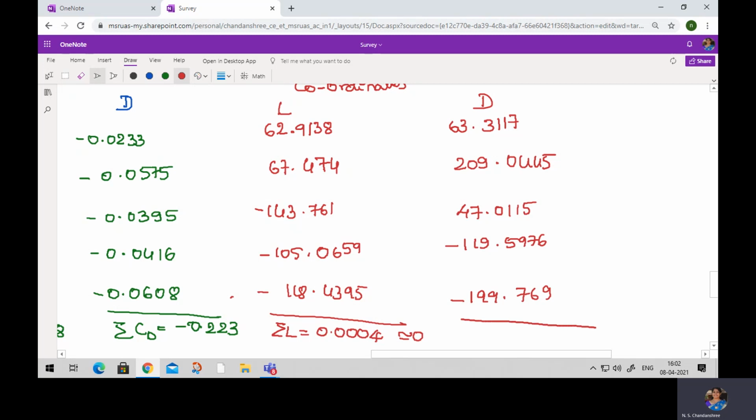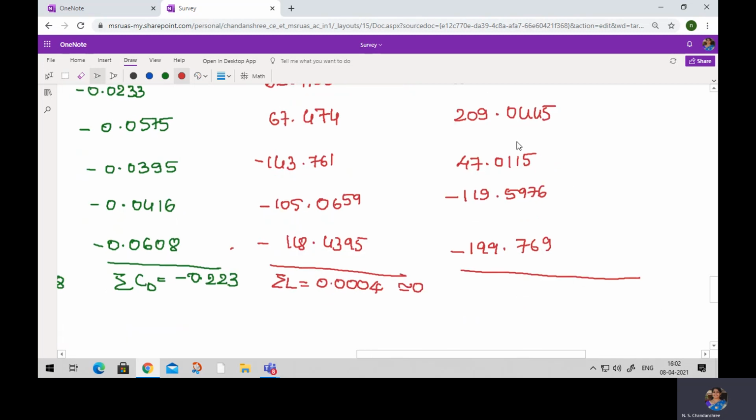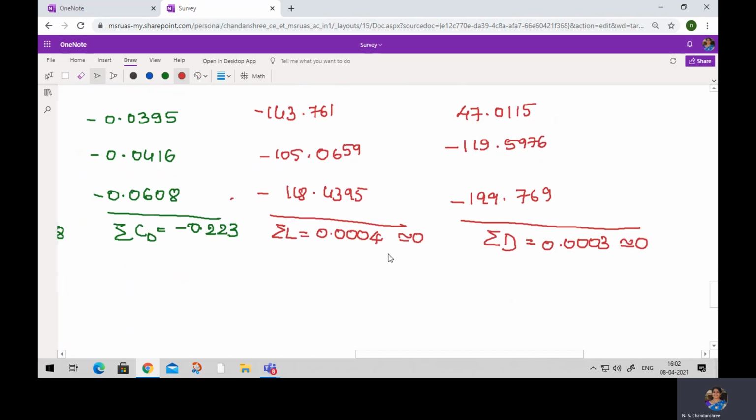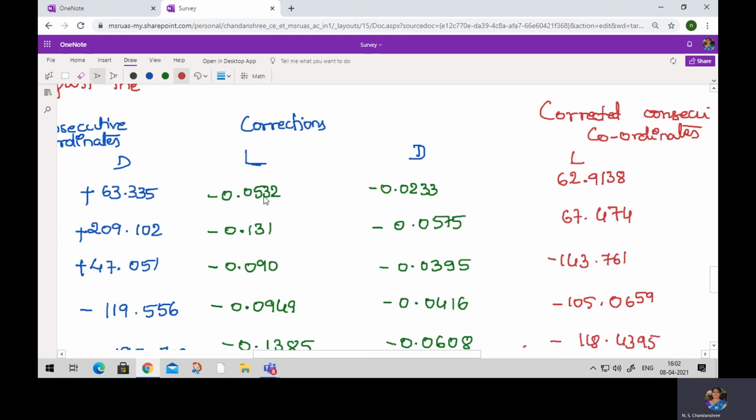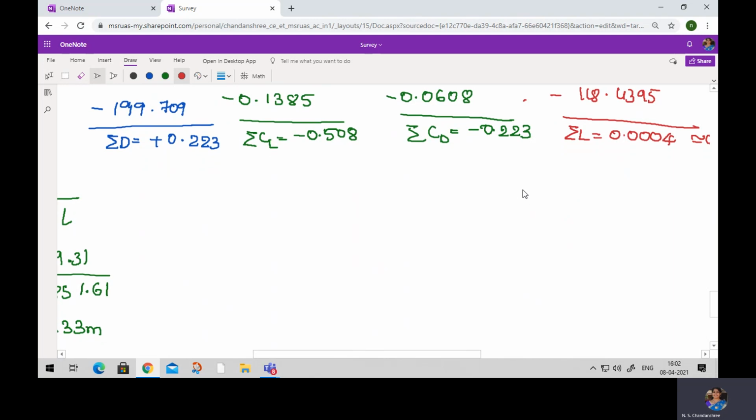Again, we can calculate the error here. So when we do the summation, sigma D is equal to 0.0003, which is approximately equal to 0. So by this method, we can tell that we have balanced the traverse.